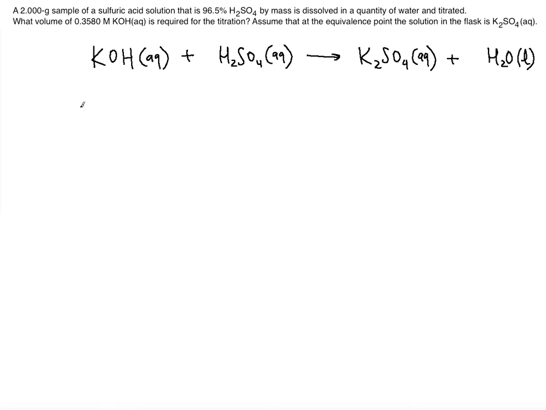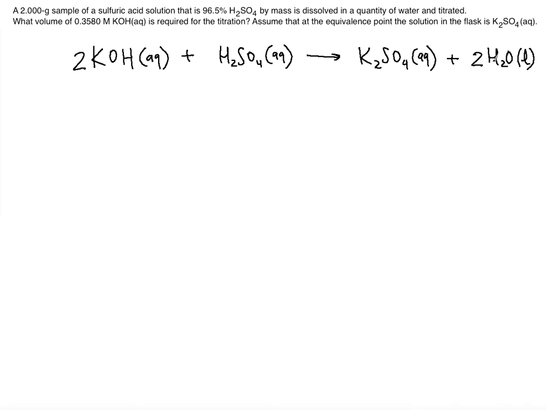Actually no, we have 3 hydrogen atoms here, so we have to fix something else. We have 3 here, but we have 2 here. We can keep the 2, that way we'll have 4, but we only have 2, so we added 2 here. Now we have 4 hydrogen on both sides.